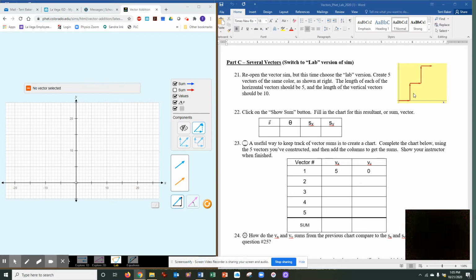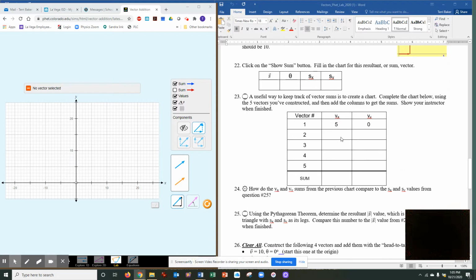As you work through the vectors, you put the x and y values. When you add those x and y values, the numbers that you get for the sums are actually the length of the legs of the right triangle formed by your resultant.